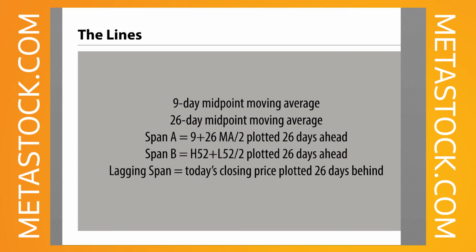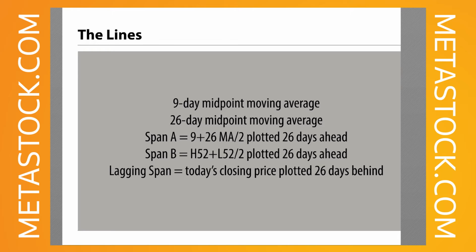Right, I've got a question from George. George, they are not moving averages as we use in the West. They are neither simple nor exponential moving averages. To recap, the 9-day moving average is the midpoint between the highest price of the last 9 days, to which you add the lowest price of the last 9 days, and you divide the sum by 2.